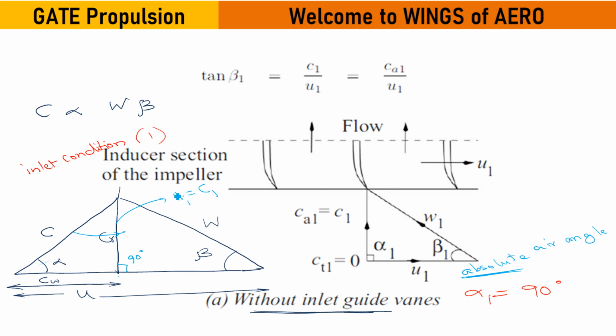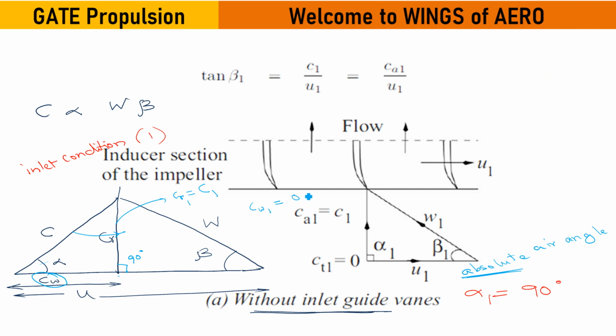Fine. Now if CR1 equals C1, then what will be the CW? It will not exist any longer. So for this without inlet vane, CW1 is going to be 0.